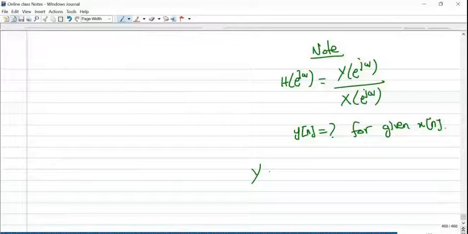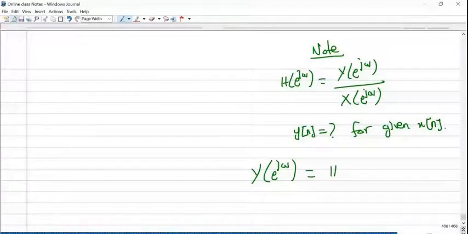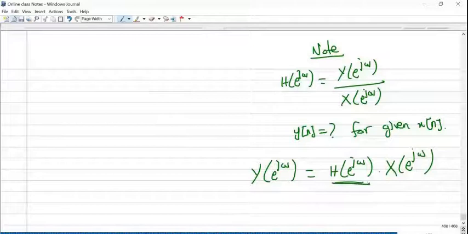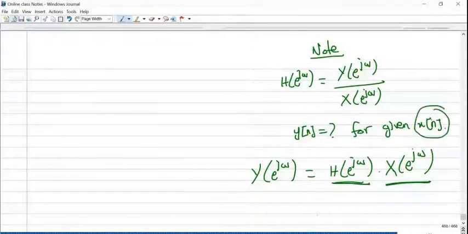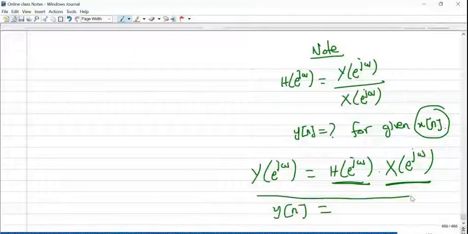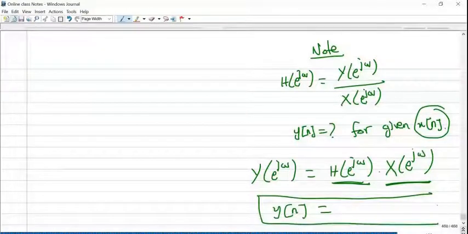You should get the expression for Y of e power j omega first. Y equal to H of e power j omega times X of e power j omega, right? H of e power j omega you will solve from the given difference equation, and X of e power j omega from the given x of n. Now apply partial fractions and finally find the inverse transform, we will get y of n. Understand? This is one method.